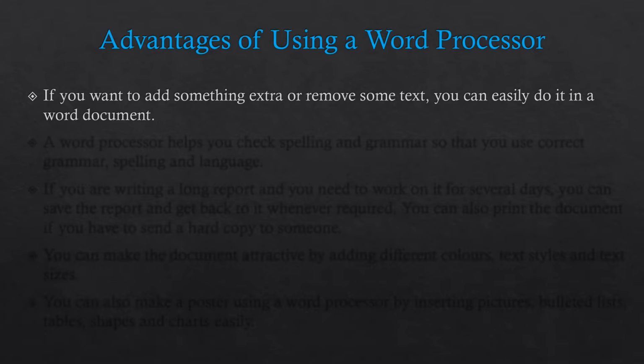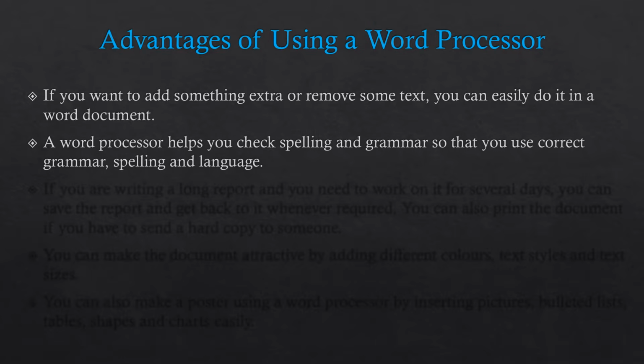So that is why it is beneficial to add or remove text in a word document. Then the word processor will help you to check spelling and grammar, because it has a tool for that. But if we have a manual document, then we will have to check the spelling and grammar ourselves, because there is no tool for checking the manual documents.